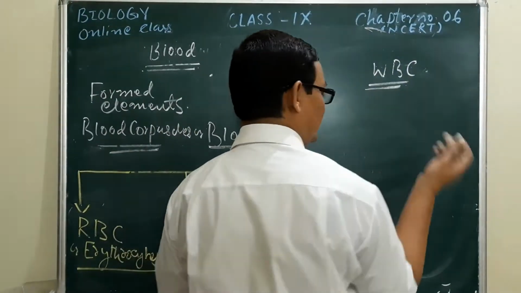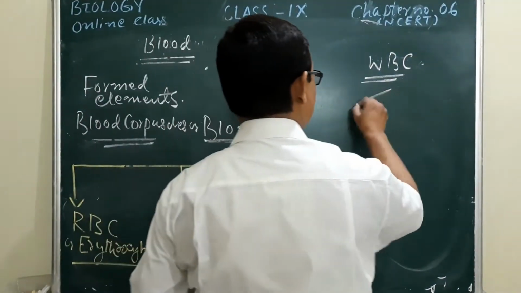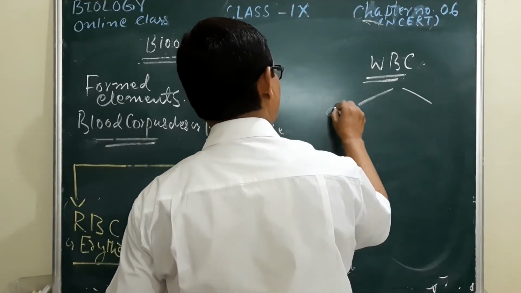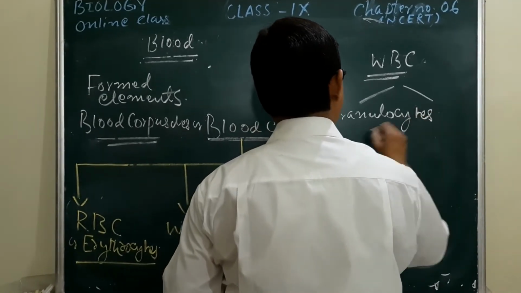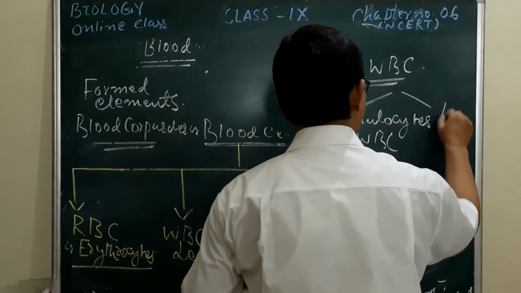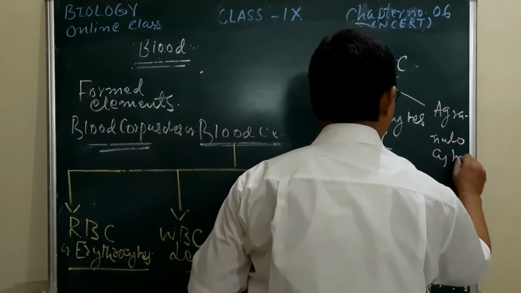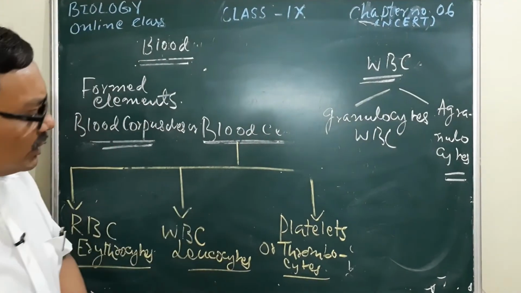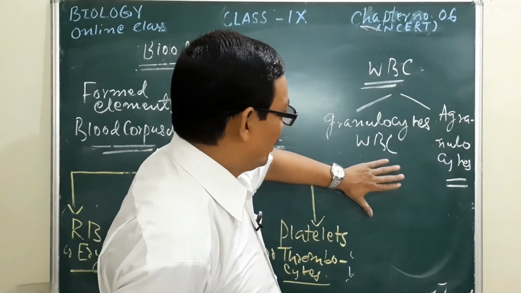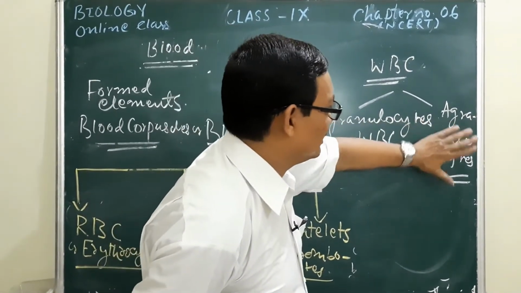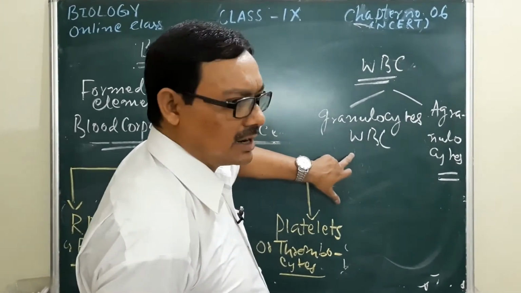Depending upon the presence or absence of granules within the cytoplasm of the WBC, it is of two types: granulocyte WBC and agranulocyte WBC. Granulocyte WBC is also of 3 different types: eosinophil, basophil and neutrophil.